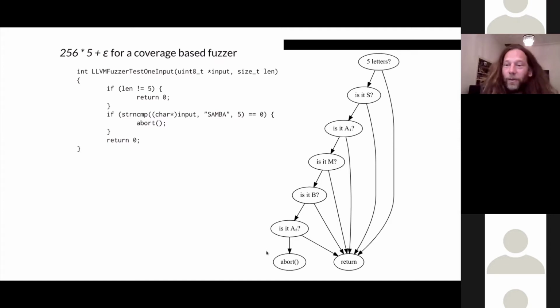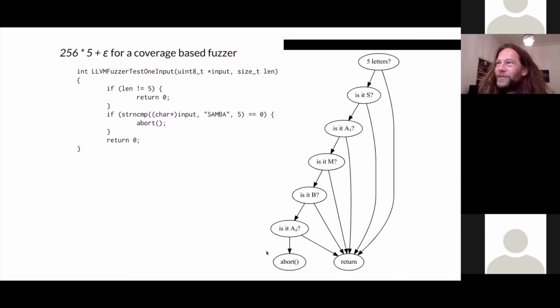So it'll find this instantly, whereas the other one would be like a black box password guesser.